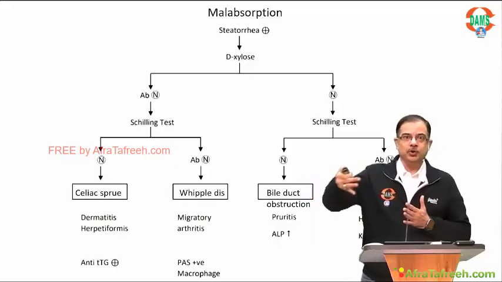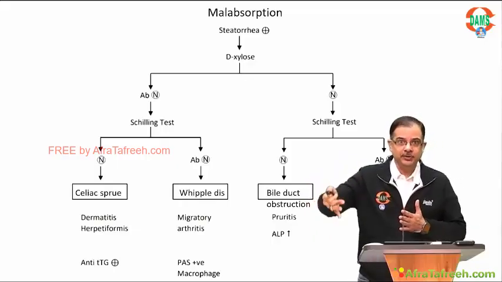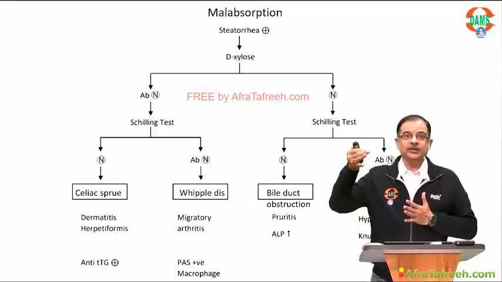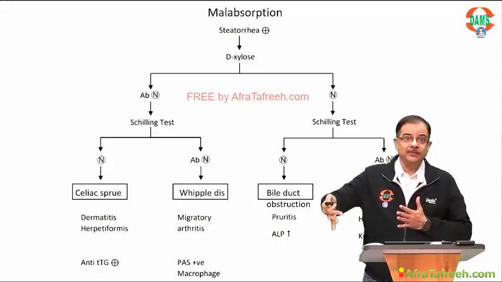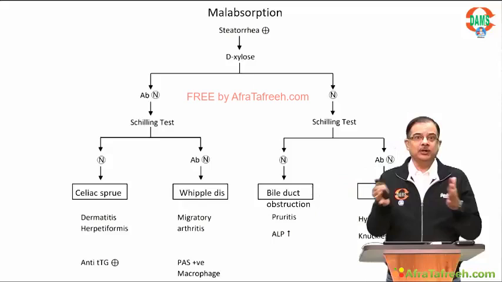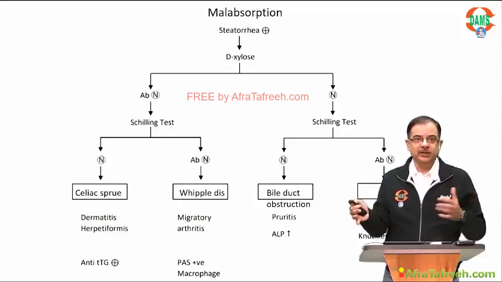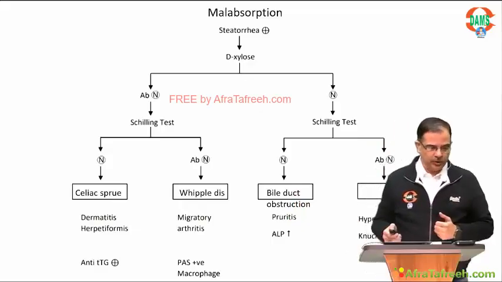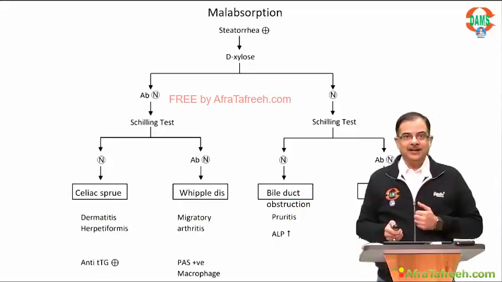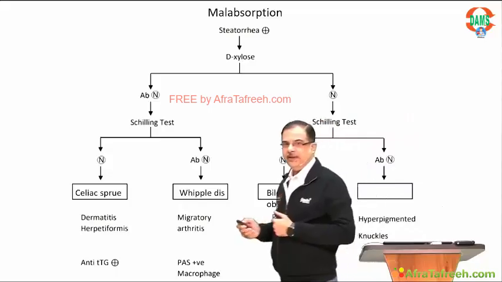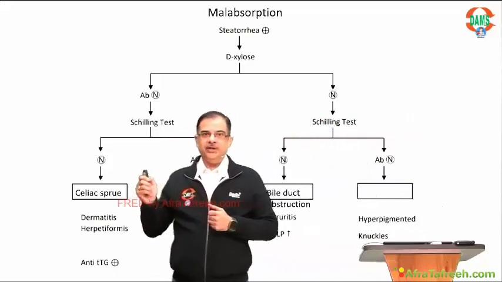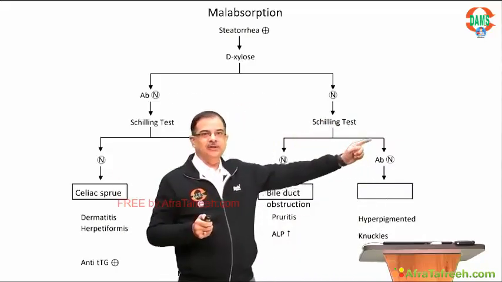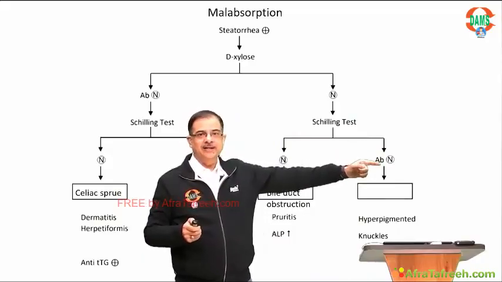So bile is not going to the intestine, and because of that there is steatorrhea or fat malabsorption, but without involvement of the small intestine. So this is a case of bile duct obstruction, yes, obstructive jaundice.